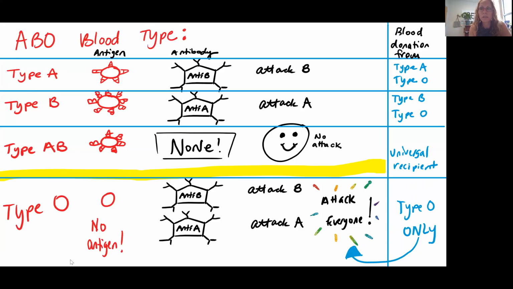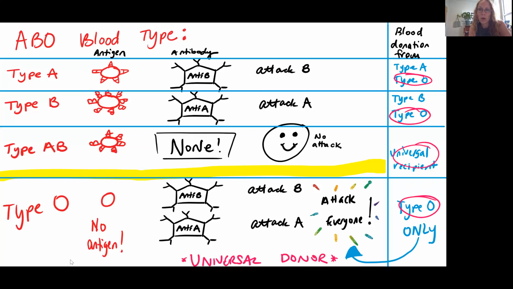Okay, so we can describe our type AB individual as the universal recipient, right? Because we've already said they can get anybody's blood. There's no problems. A and B are both self. So you can get just A, you can get just type B, you can get type AB, obviously. And then we've already talked about type O being essentially invisible to these people, to their immune response, right?